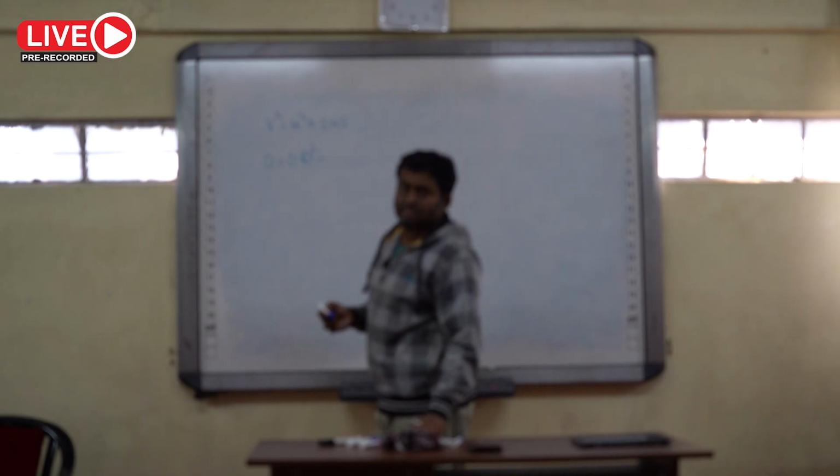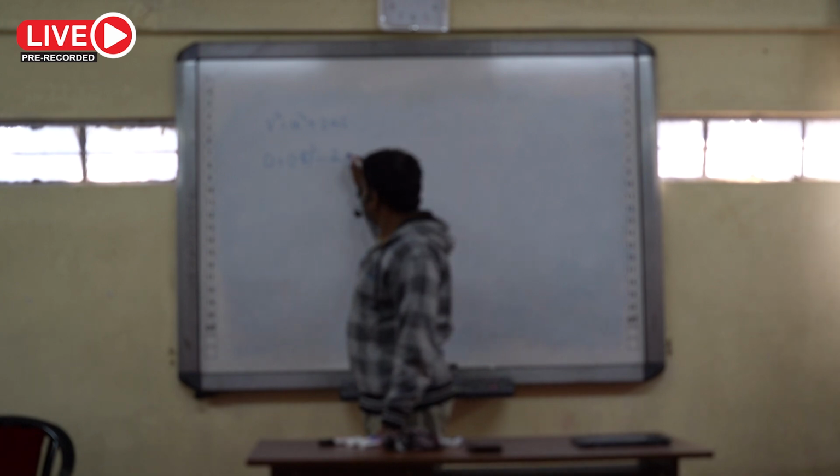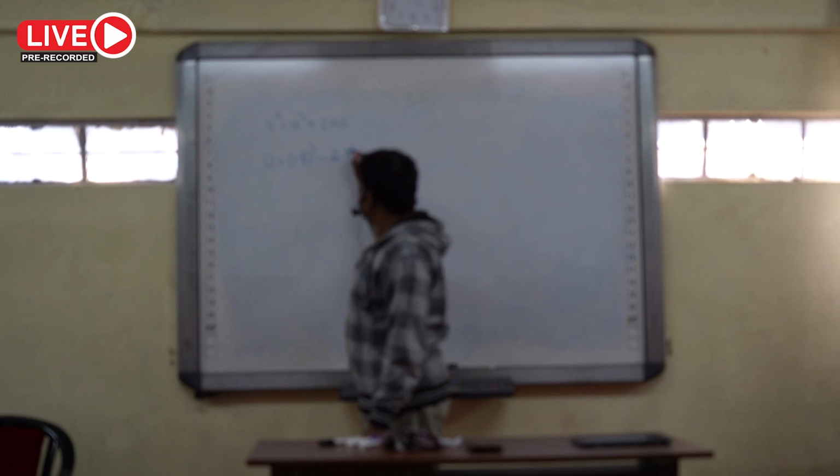The spring force is kx, which is producing retardation, where we consider x is the maximum displacement. Then we can write a as kx by m, where k is 50.